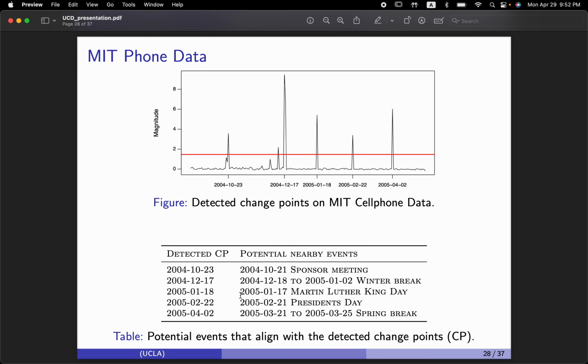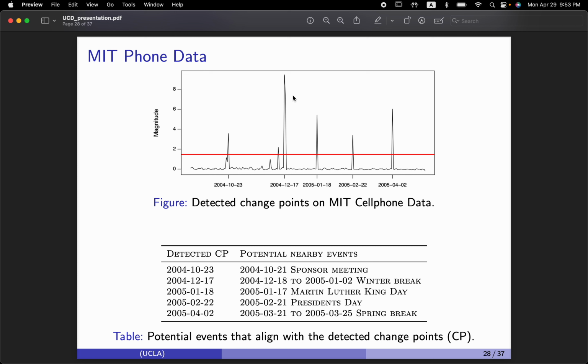And then we can also identify some of the potential events that align with our detected change points. And here we are just going to use the spikes that are above the data-driven threshold that we construct in our work, and we're going to use the time points for those spikes that are greater than this red line as our detected change points.